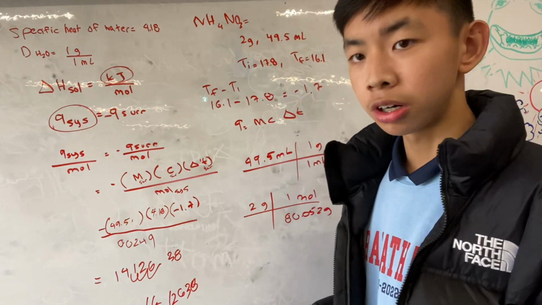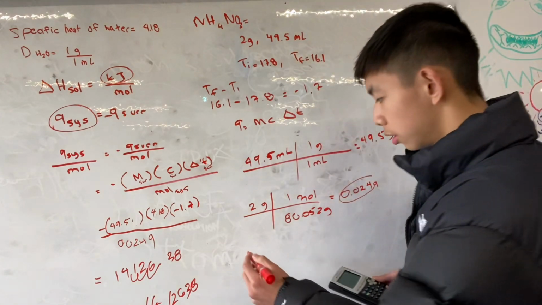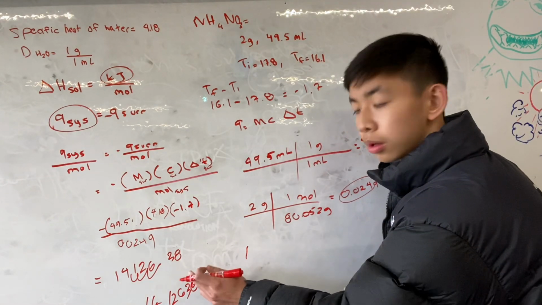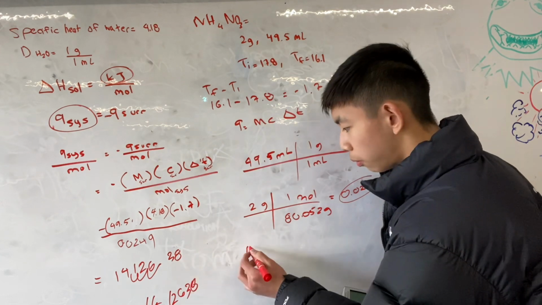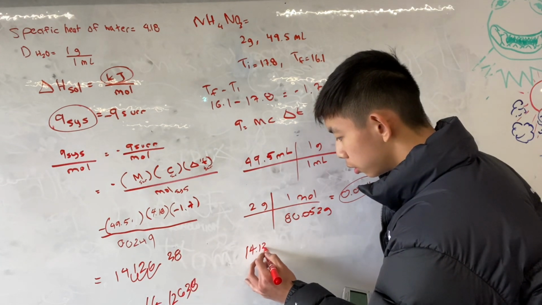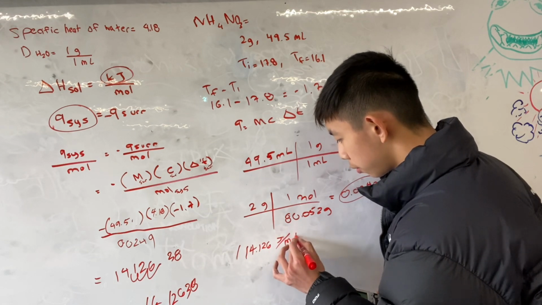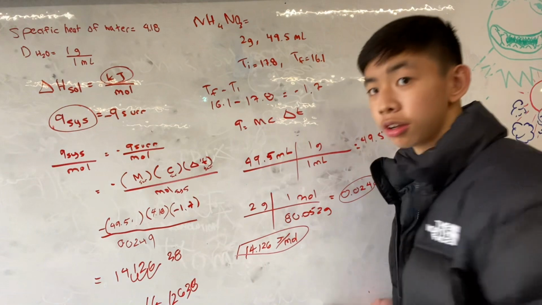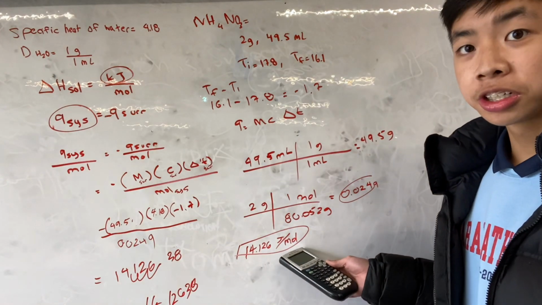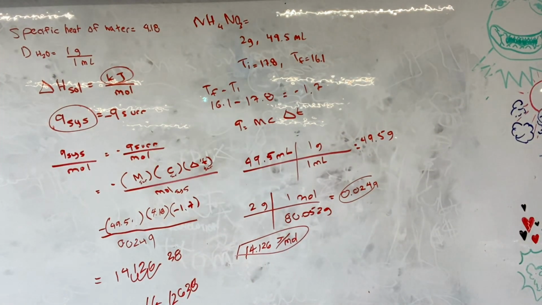Now this is gonna be 14.126 kilojoules per mole. This is gonna be my molar heat for my salt.